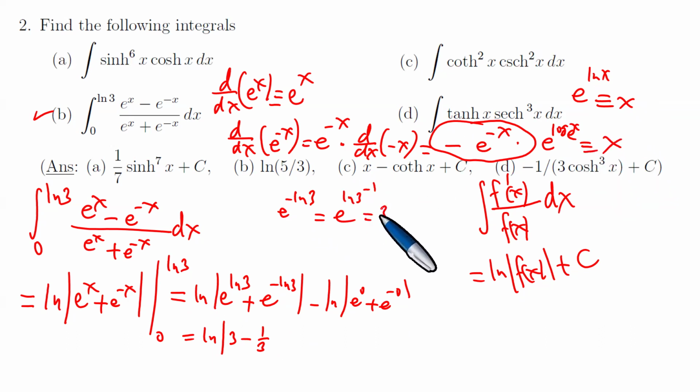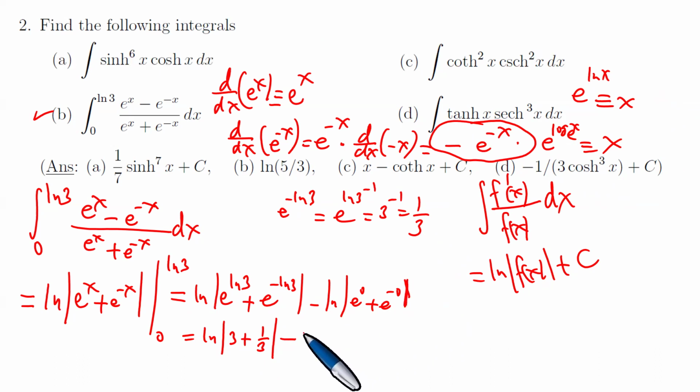So 3 to the power minus 1 is 1/3. So e to the power minus ln 3 is the same as 1/3. This is the rule.